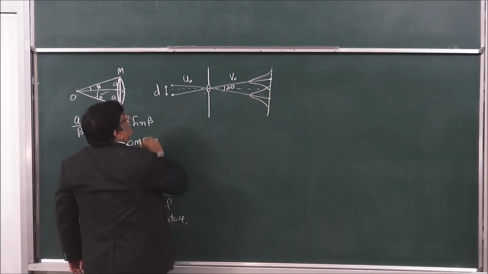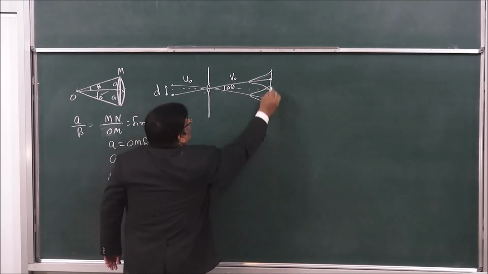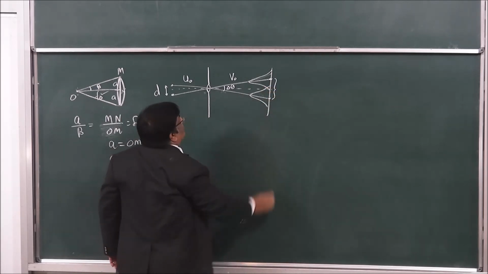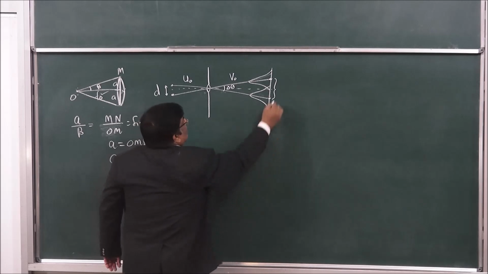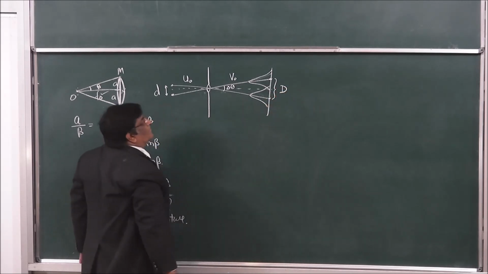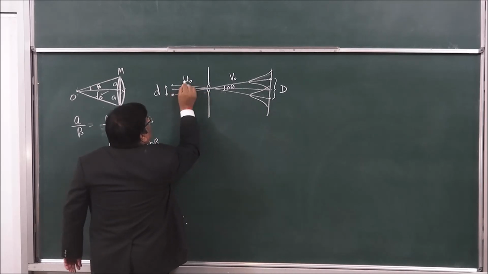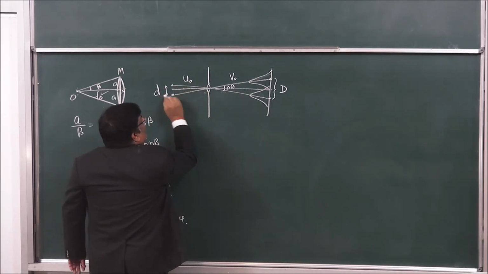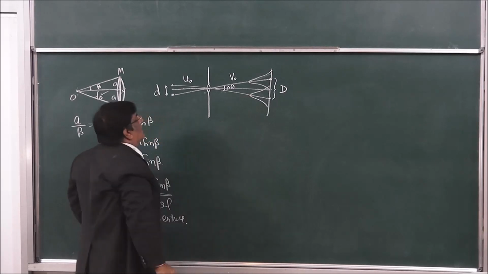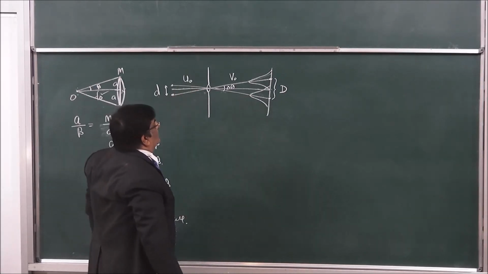If this distance is small d, then let's give certain names to the other distances. Let this distance be capital D. This distance is D, this distance is U, this is small d, this is capital D, this is the opening lens. Now here we have certain relations.